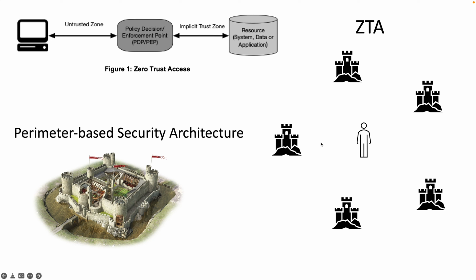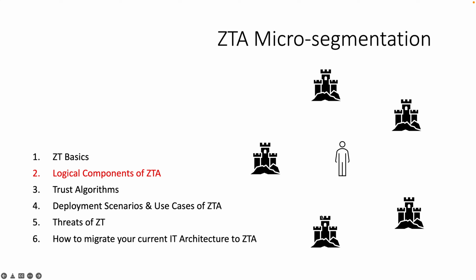Outside is all untrusted zone. In the big castle model, if you are a king, which could be an admin in real life, you can access any resource in the castle directly. But in zero trust architecture, no matter who you are, you always need to be authenticated to access one resource. Actually, this is one of the implementations of zero trust architecture called micro-segmentation. Zero trust architecture is evolving, so there is no standard way. We'll talk about other implementations in the next video.